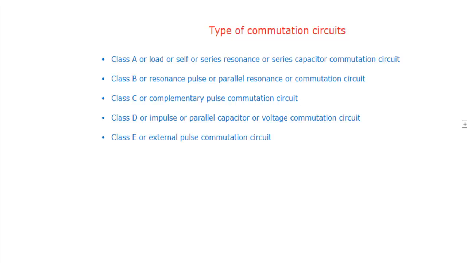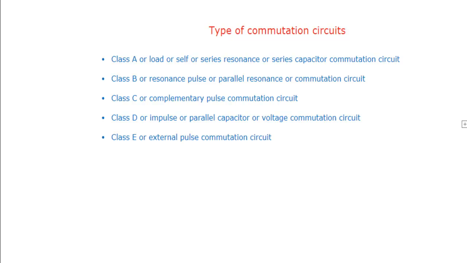Next, Class E, or external pulse commutation circuit. This type of circuit is used whenever you want isolation between the commutation circuit and the actual source, which is supplying the power to the load. That means generally we will have two different sources. One is used to supply power to the load, and another is used only for commutation purposes.